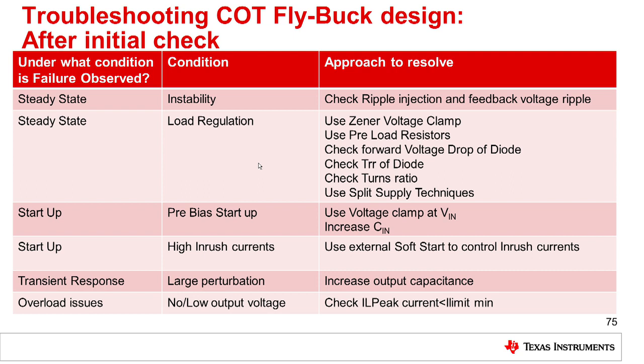Load transient perturbations are another issue that are seen quite often. Sometimes your load transients are a little bit larger than you would like them to be. And really, in this case, the best way to mitigate that is to increase your output capacitance. Finally, many times we find that the application or the converter can't supply as much load current as we thought it should.